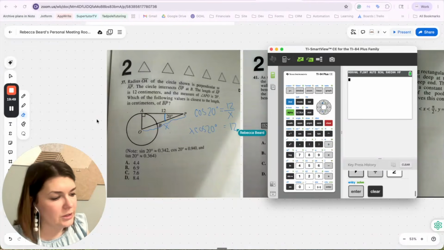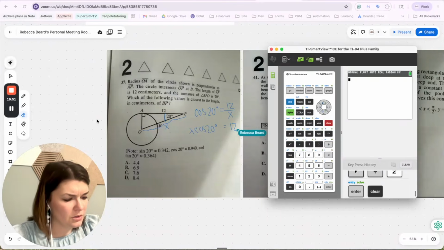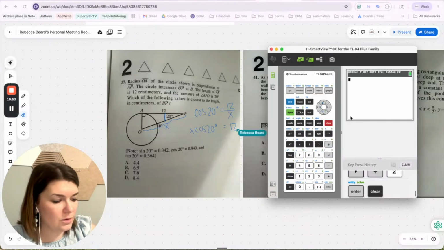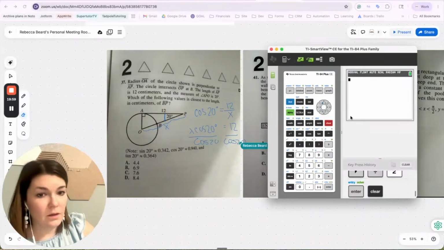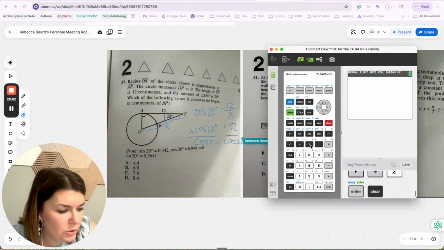They give us those rounded numbers and we can use those too. If we are going to solve for that, we obviously need to divide by cosine of 20, but we're not done yet. We will use their ballpark number.